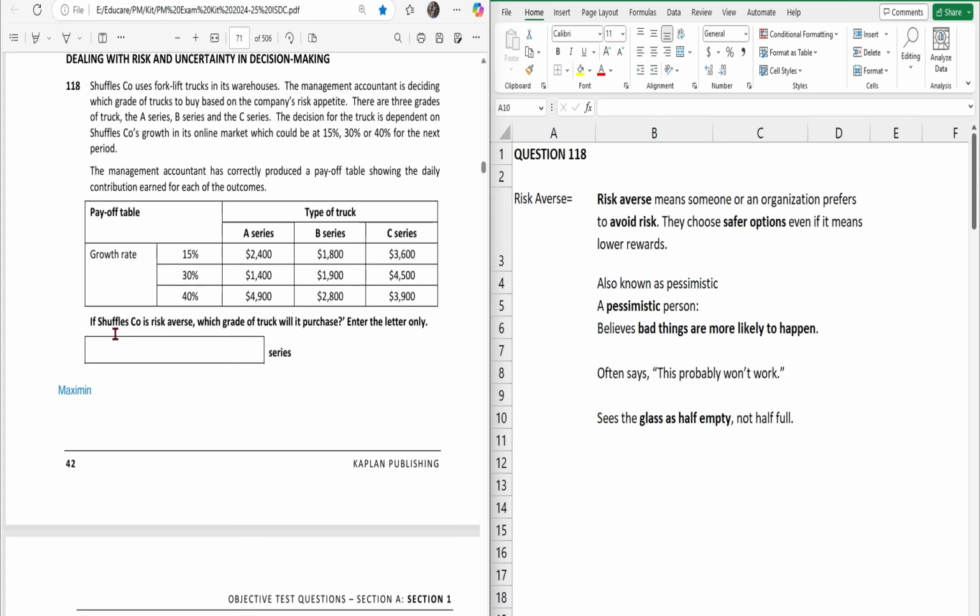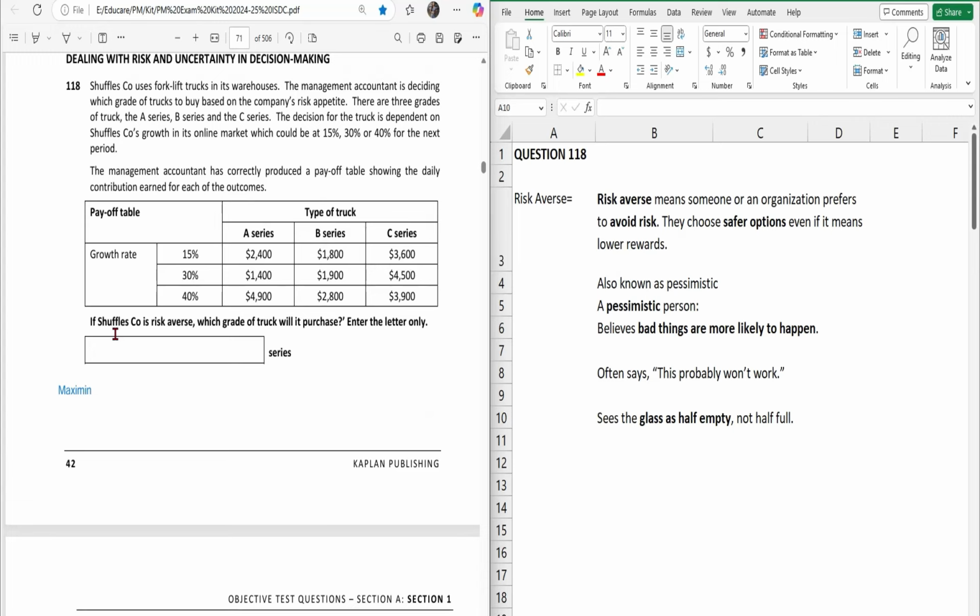Okay. So the requirement for this question is: if Shuffle company is risk averse, which grade of truck will it purchase? Enter the letter only. So in case of risk averse, first let's understand what risk averse is. It means someone or an organization that prefers to avoid risks.